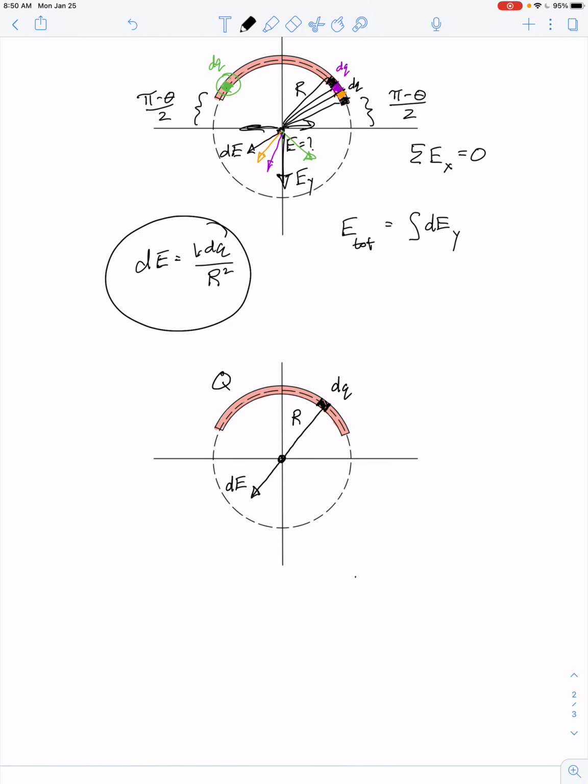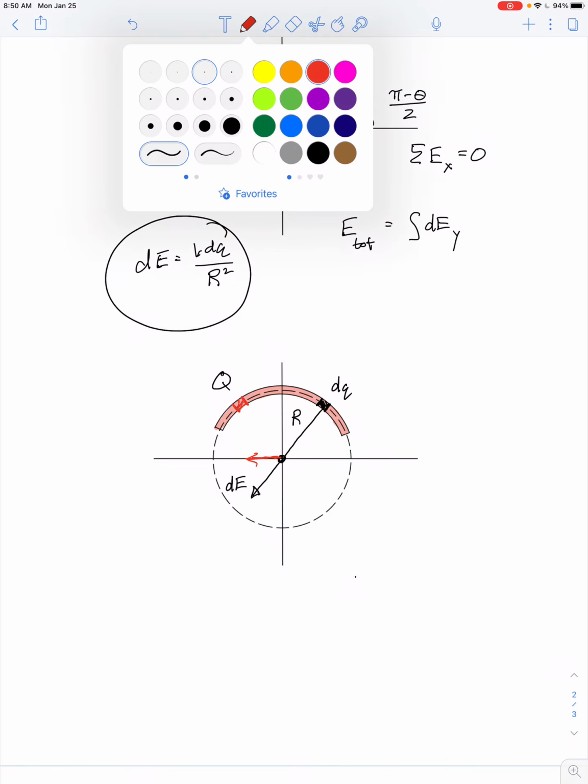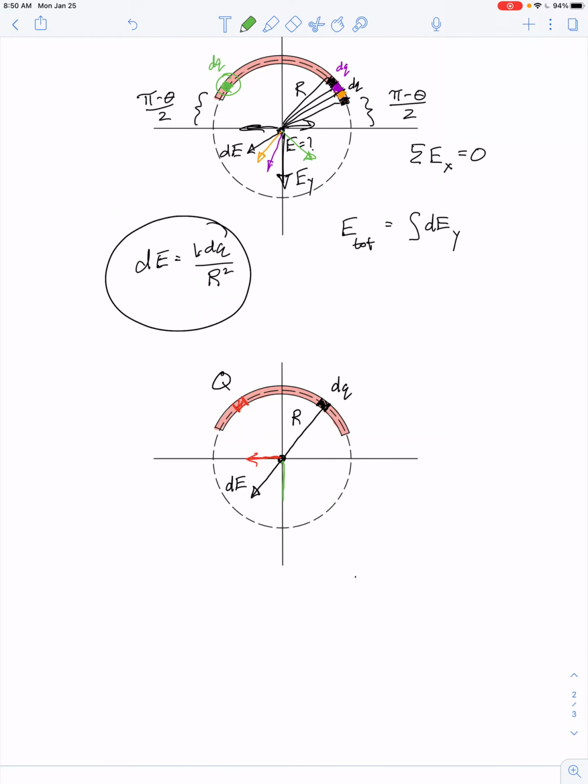And dE is k dq over r squared. However, its x component is going to be canceled out by the x component of some other dq that sits over here. So all we're interested in really is dEy.